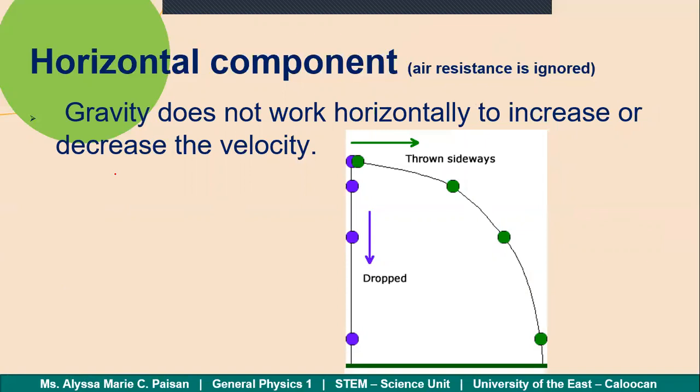And gravity is directed downward. So it only affects the vertical component of motion, not the horizontal. Kaya hindi nag-i-increase nor nagdi-decrease ang velocity at ang displacement or ang pagbabago ng displacement all throughout the horizontal component of motion. Sa vertical lang siya nakaka-affect.